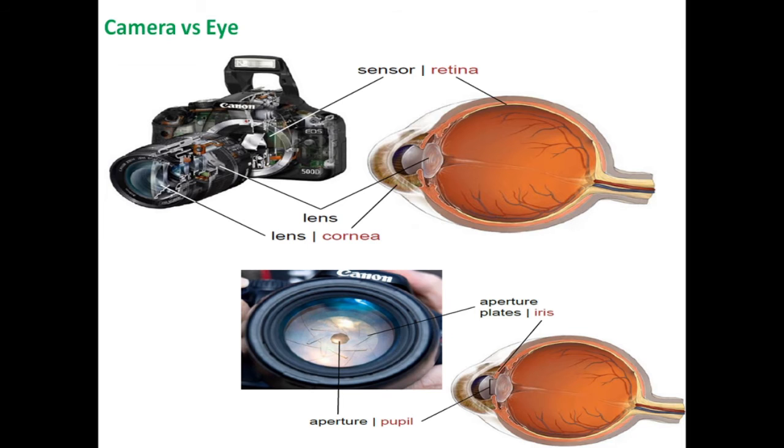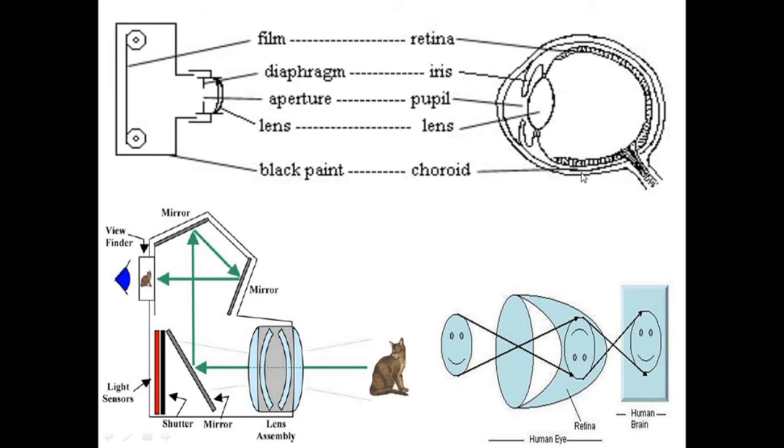The optic nerve carries all this sensing information into our human brain through the visual pathway. So the visual pathway is: first the cornea, then the iris, pupil, lens, retina, optic nerve, and lastly the brain.